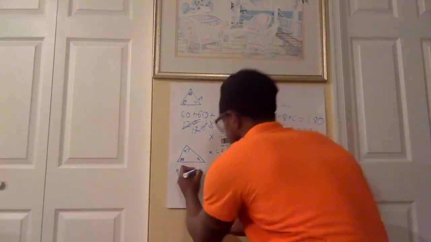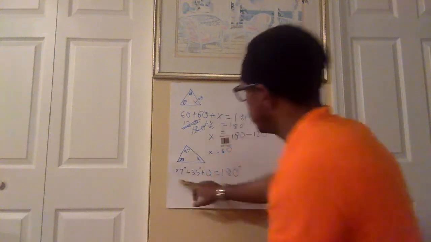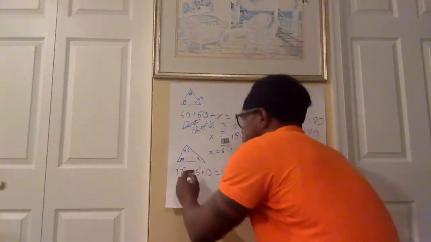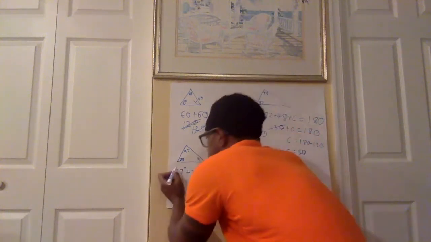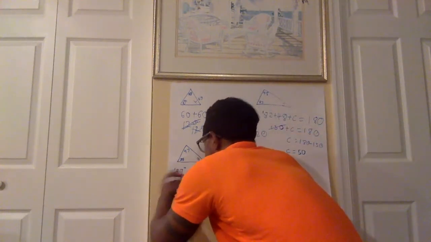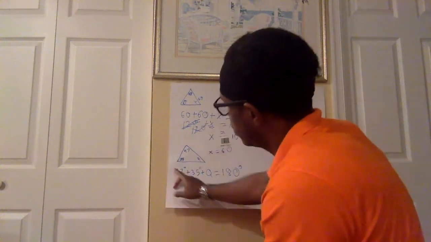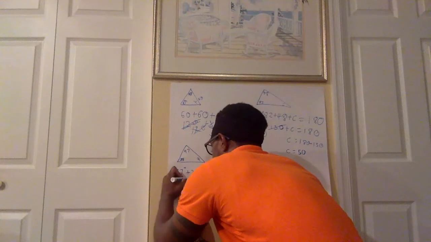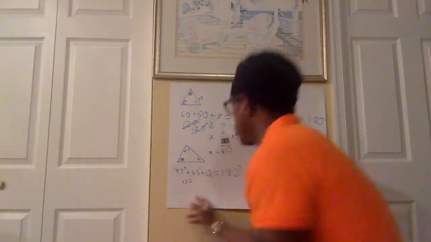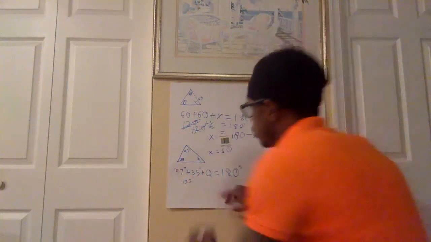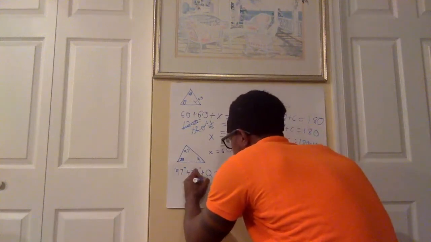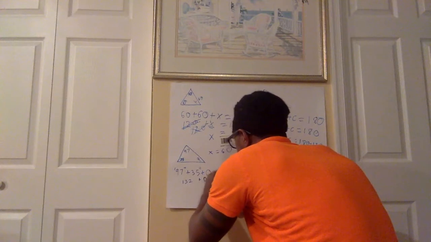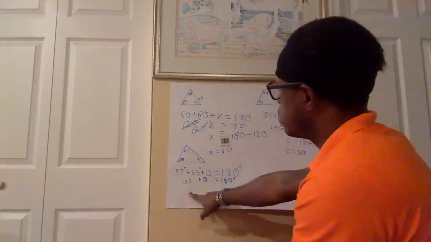So now 97 plus 35, what would that be? 7 plus 5, that's going to be 12. 9 plus 3 plus 1, it's going to be 13. So we know that 132 plus Q is equal to 180 degrees.